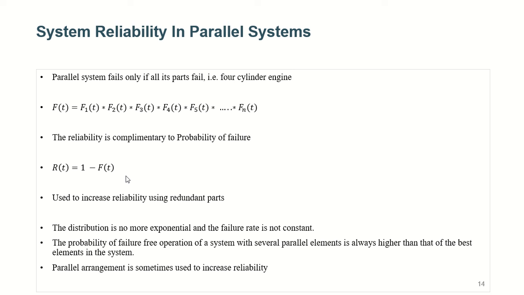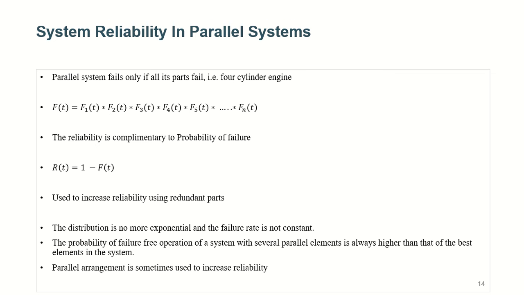One more thing, the probability of a failure-free operation of a system with several parallel parts connected together will always be higher than the best element of the system, which is sort of opposite of what happened in the series, right? Remember what happened in the series?